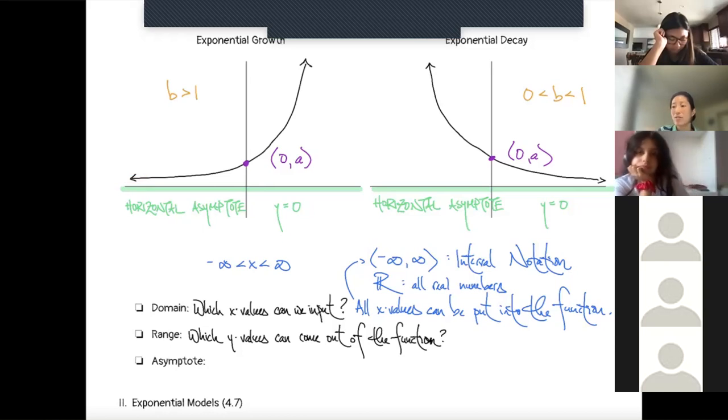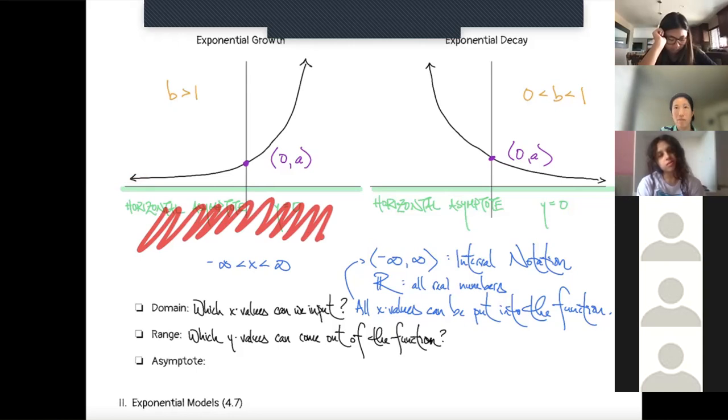Last part to this question, can we get negative y values out? Not with the current graph. Right? We don't have any picture down here at all. That would be where the negative y values are.